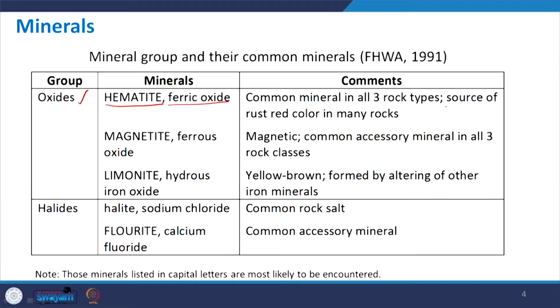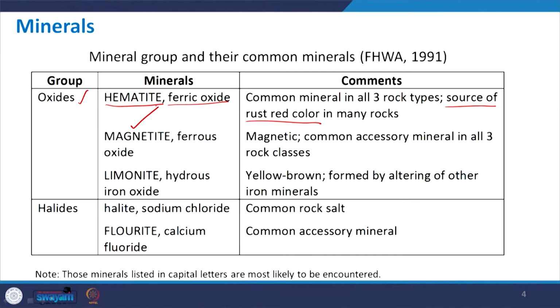So this is the source of rust red color in many rocks. Then the next in this oxide group is magnetite, where ferrous oxide comes into the picture. This is magnetic, and this is a common accessory mineral in all the 3 rock classes. So keep in mind that this is magnetic.